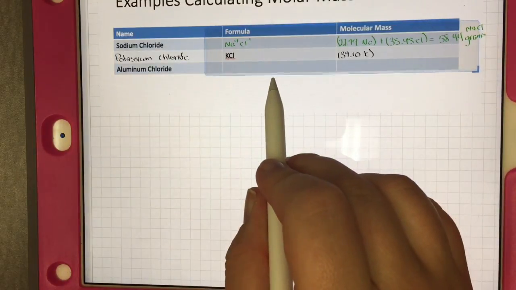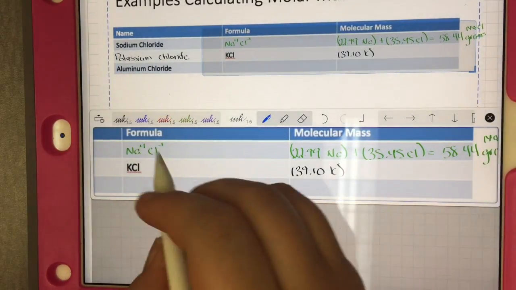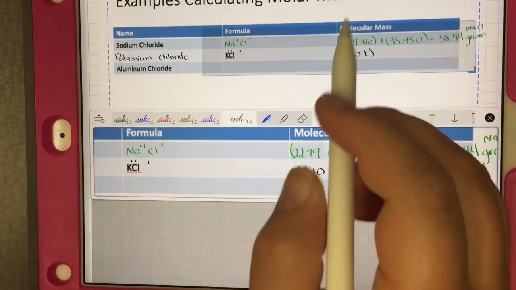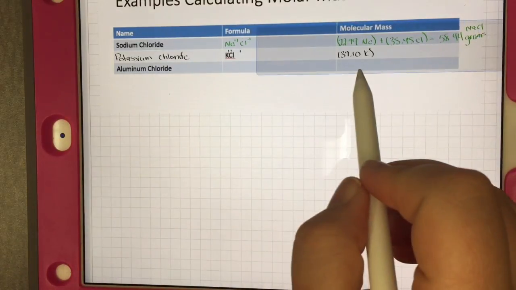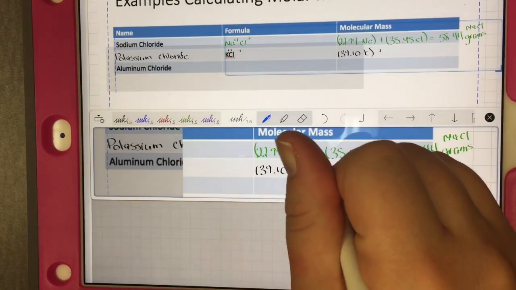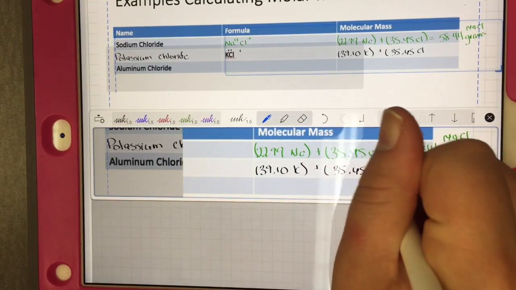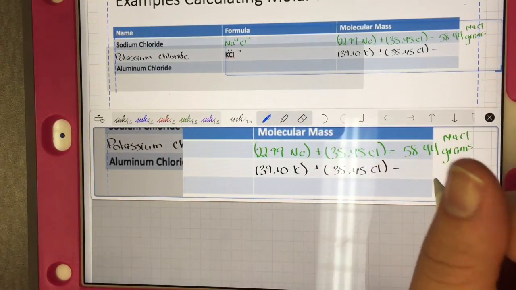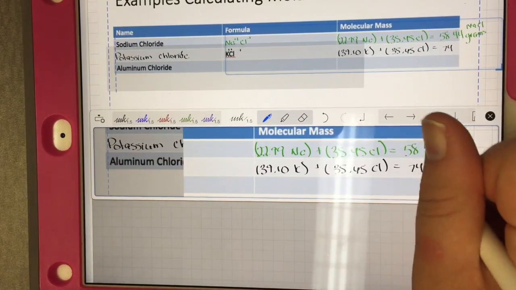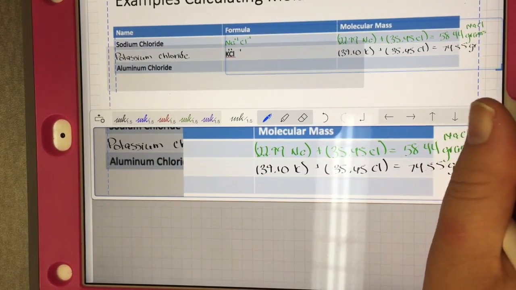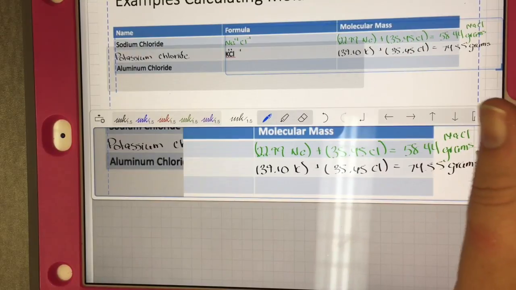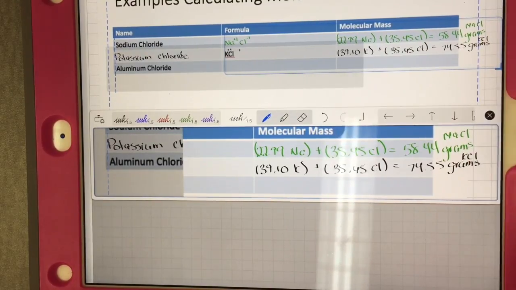We have to make sure our charges cancel out, which they do. It's +1 -1. Plus chlorine, which is 35.45. This is going to be about 74.55 grams of KCl.